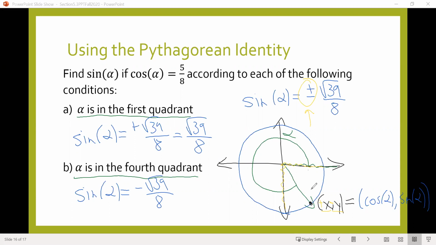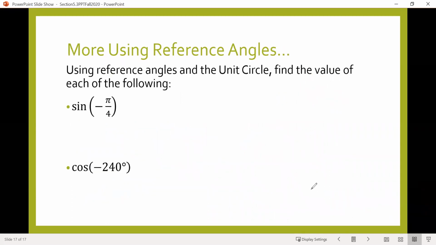All right. Let's look at a couple more examples, and these ones now relate to the unit circle. What we've got here are a couple of angles that do not appear on the unit circle. So if you look at your unit circle, you will not see negative pi over 4, nor will you see negative 240 degrees.